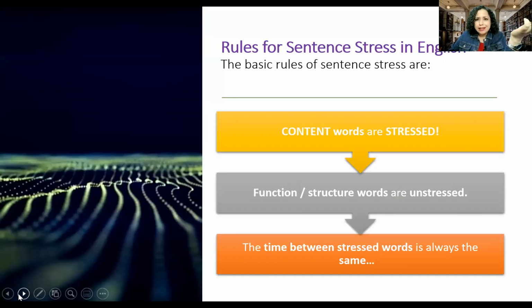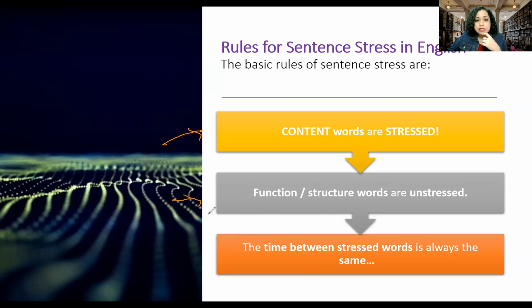And are there rules for sentence stress in English? Yeah, basic ones. I'm showing you 3, and at the end of this presentation, I'm gonna show you 8 more so that we put them together. So content words are stressed. You understood that, but you still need to know which are the content words, and that's what we're gonna talk about after this.